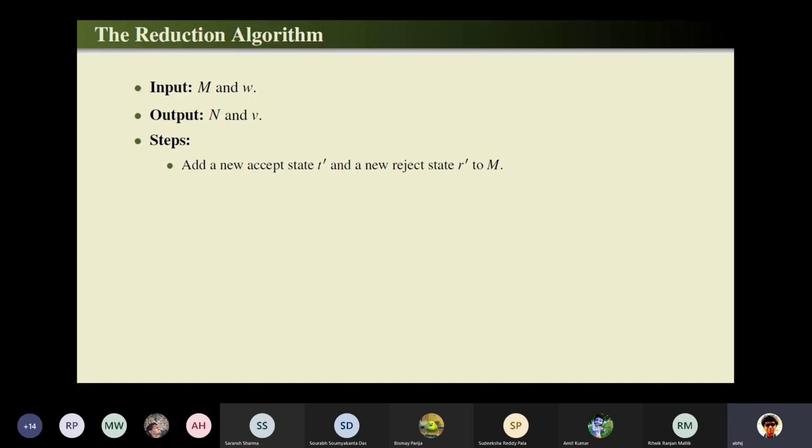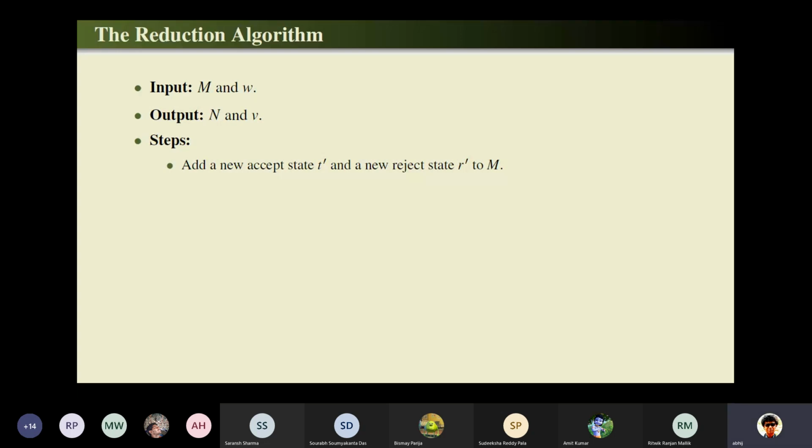So what does this do? Add a new accept state T prime and a new reject state R prime to M. So by looking at the encoding, the reduction machine knows how many states are there, some N states. It simply replaces that by N plus 2. And it introduces two new states. Let's say it gives the number N to T prime, N plus 1 to R prime.